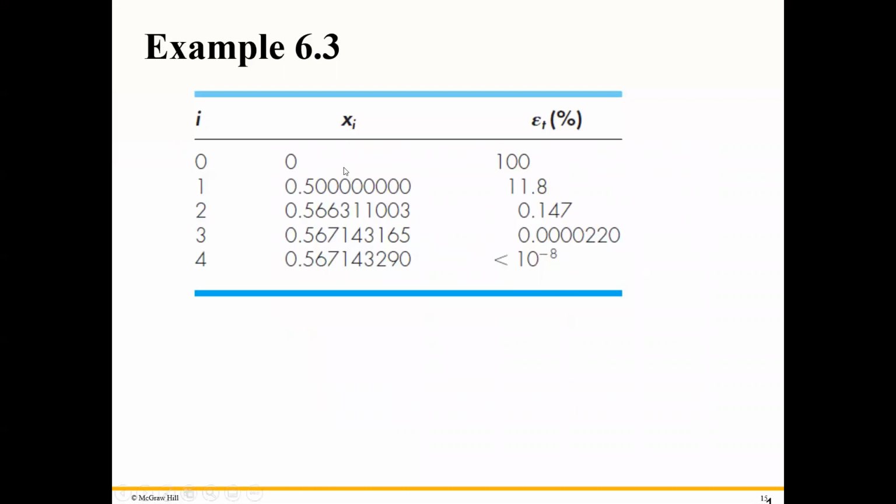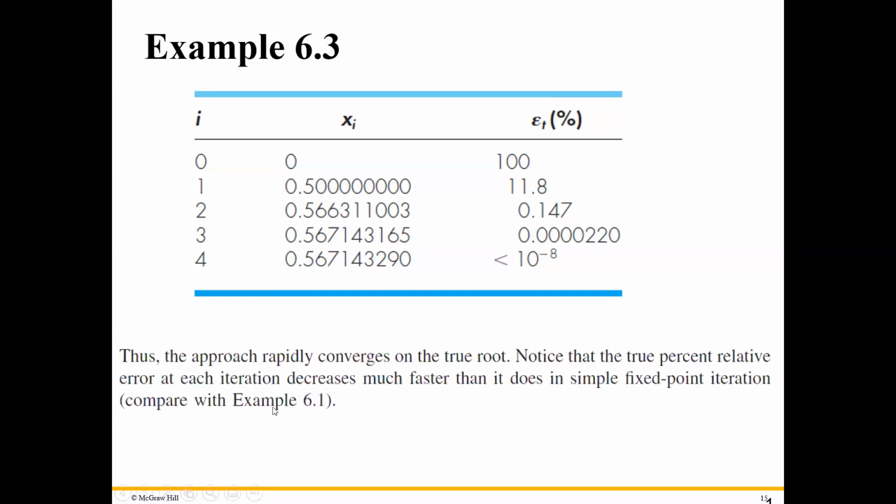Notice that the true percentage relative error at each iteration decreases much faster than in the simple fixed point iteration method.